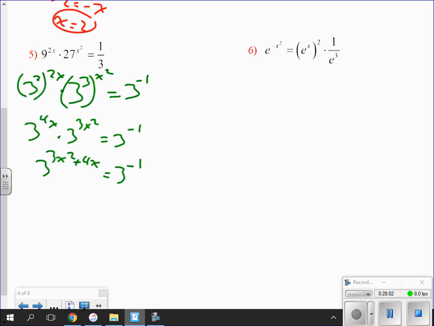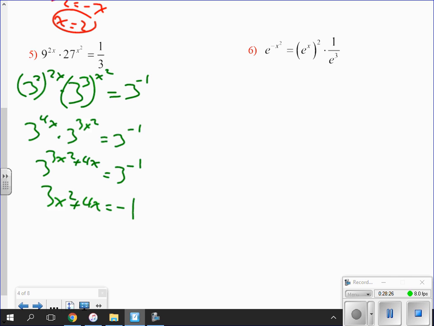No, you don't multiply here. What do you do? The rules of exponents. When you have two numbers raised to a power of the same base, do we double the base? No, you just add the exponents. Go back to the rule. Very common mistake. So now I can do 3x squared plus 4x equals negative 1.